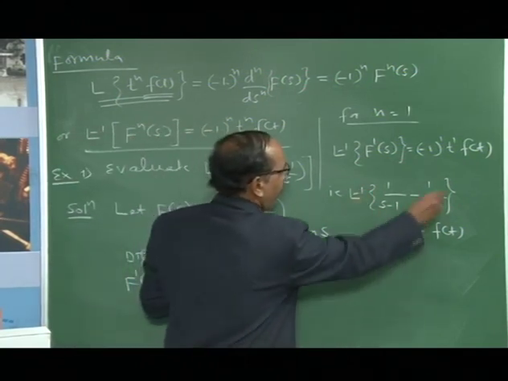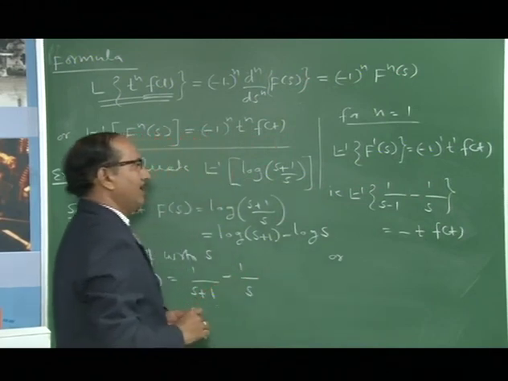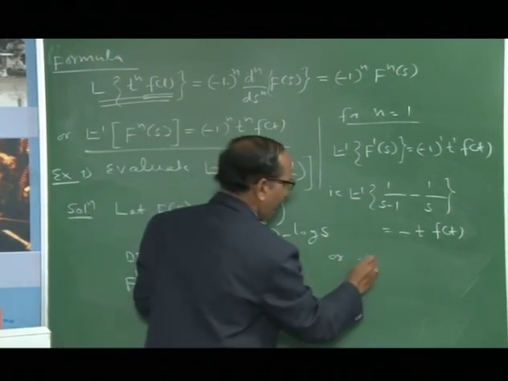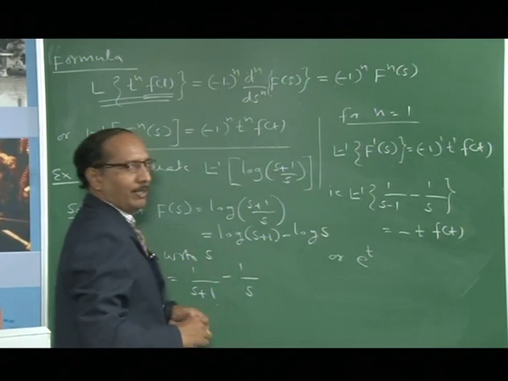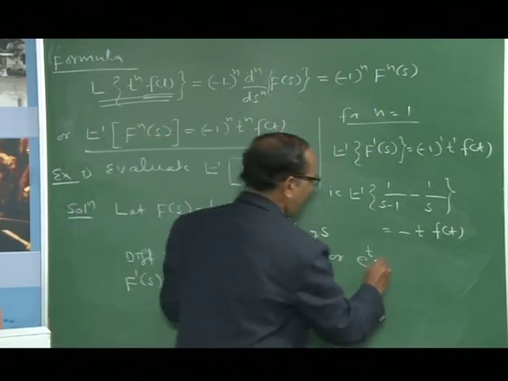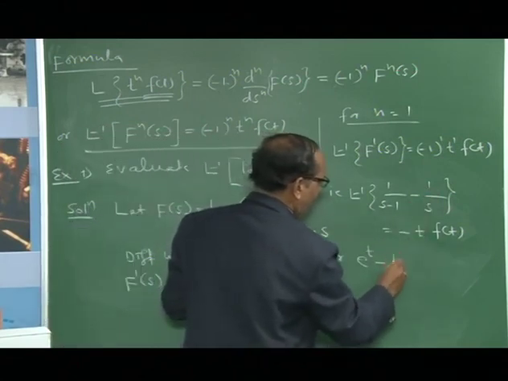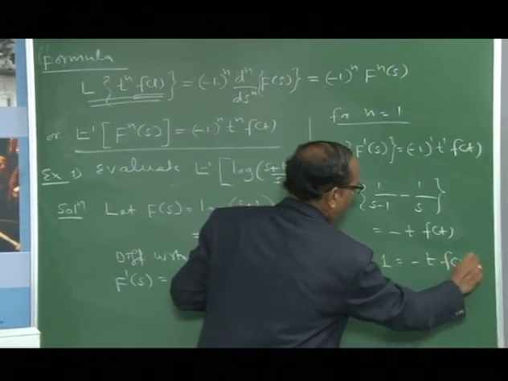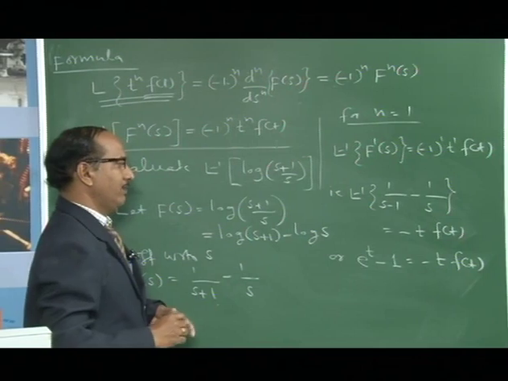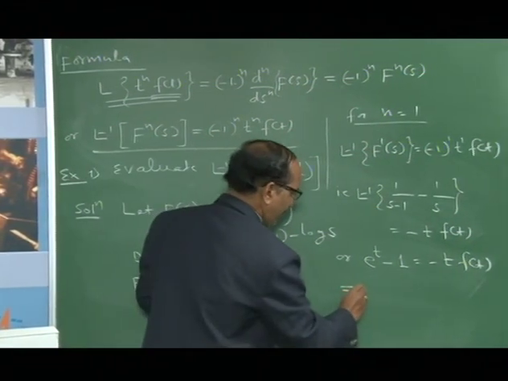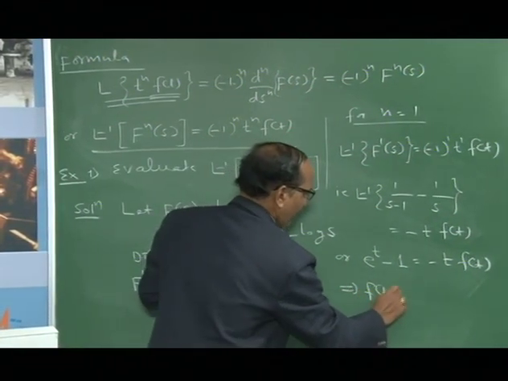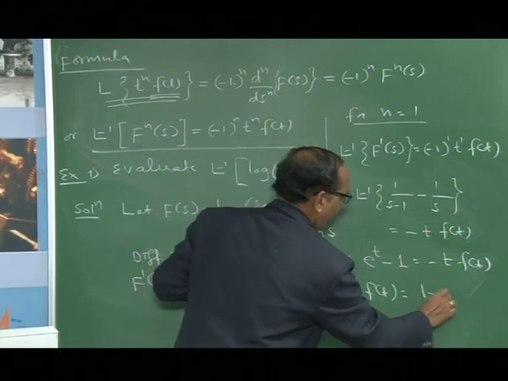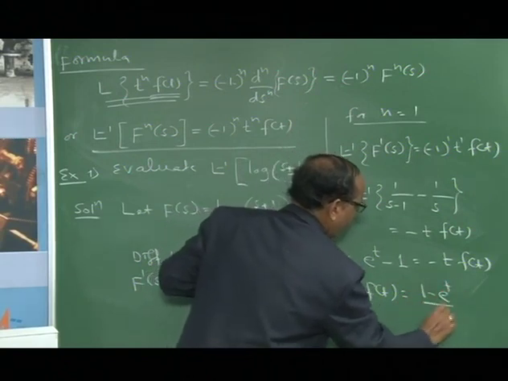Or you write the inverse of 1 upon s minus 1, which is e raised to t, minus the inverse of 1 by s, which is known, 1, is equal to minus t into f of t. So, from this equation you can easily find f of t is equal to 1 minus e raised to t divided by t.